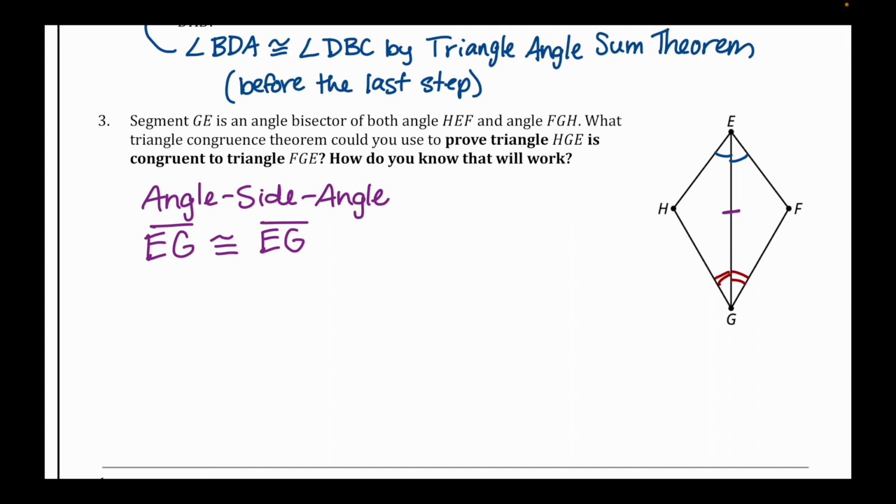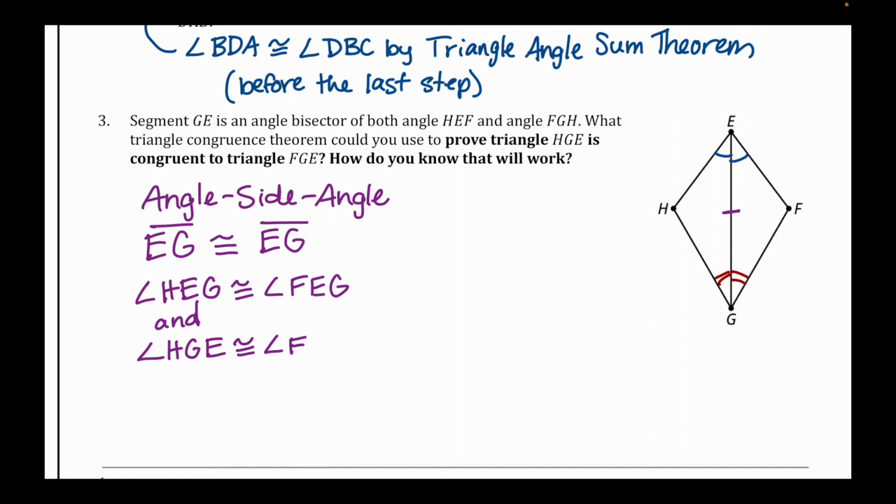And then I would also say that angle HEG is congruent to angle FEG, and that HGE is congruent to FGE.